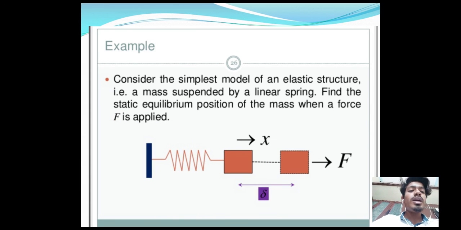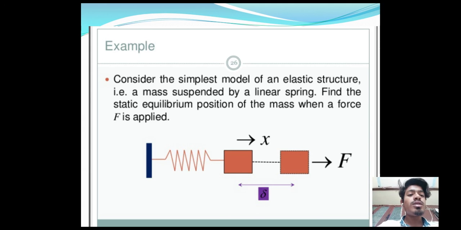Example: consider the simplest model of an elastic structure, that is a mass suspended by a linear spring. Find the static equilibrium position of the mass when a force F is applied. Deflection is denoted by δ, and x is the distance.